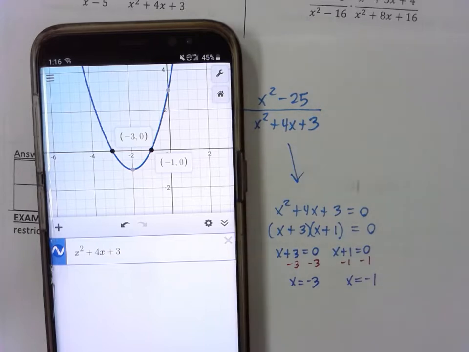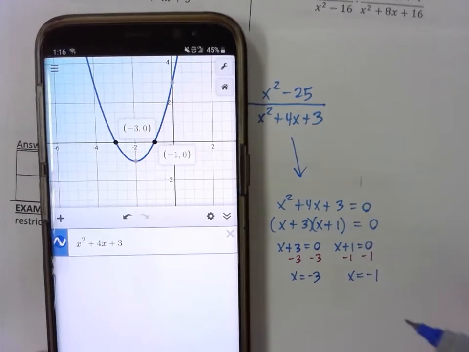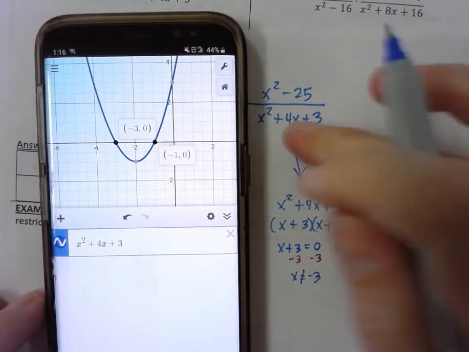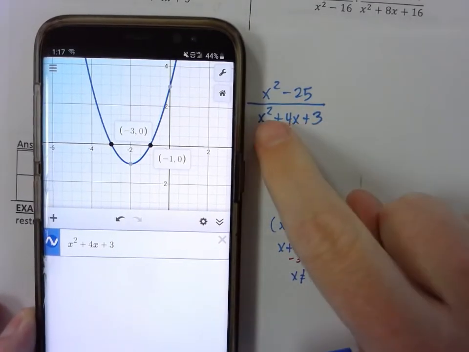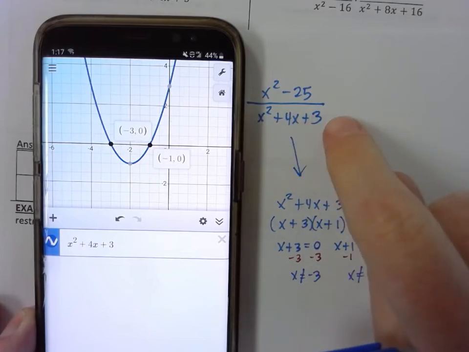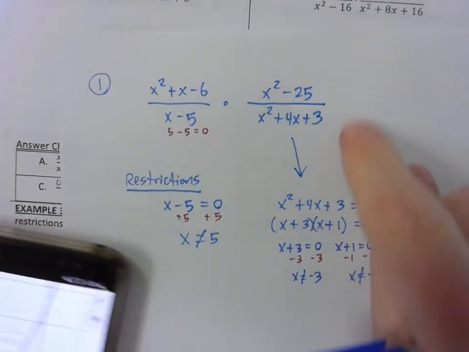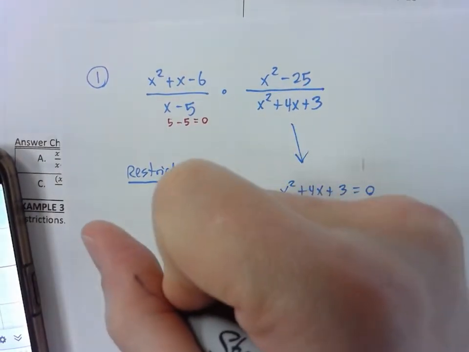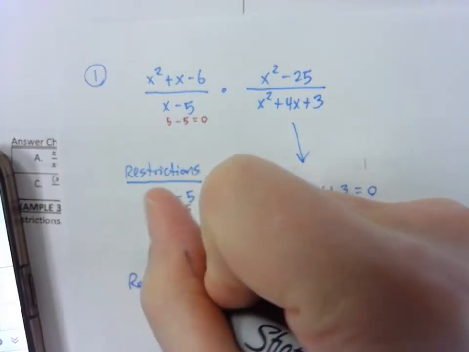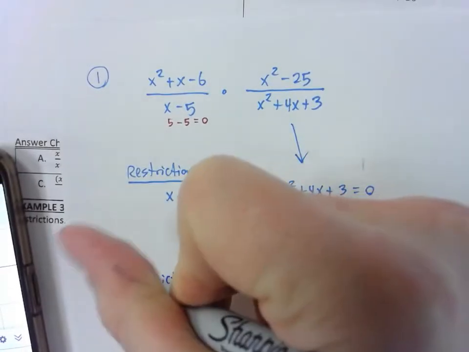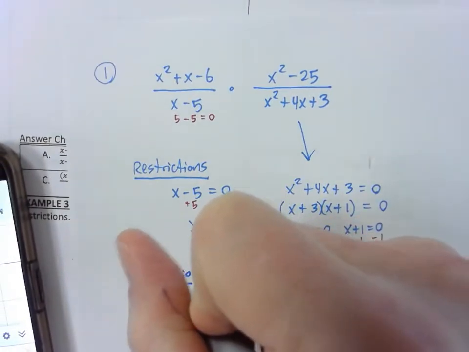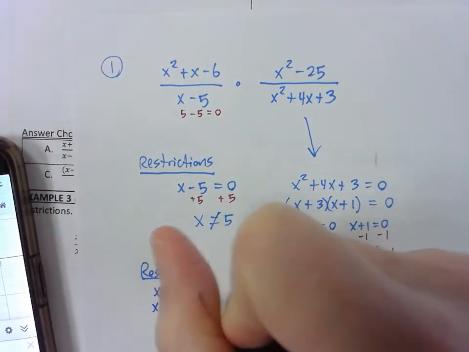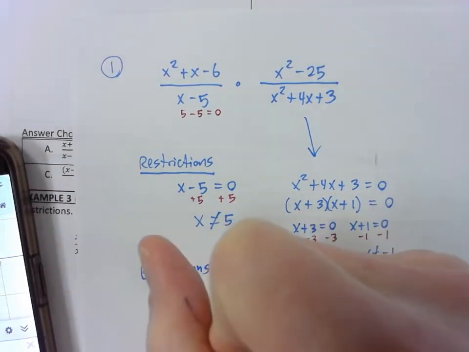And remember what I said about restrictions. These are numbers that don't work. You are not allowed to plug them in. If you plugged in -3 and -1 into that, it would give you 0, and you can't divide by 0. So your restrictions altogether would be x cannot equal 5, x cannot equal -3, and x cannot equal -1.